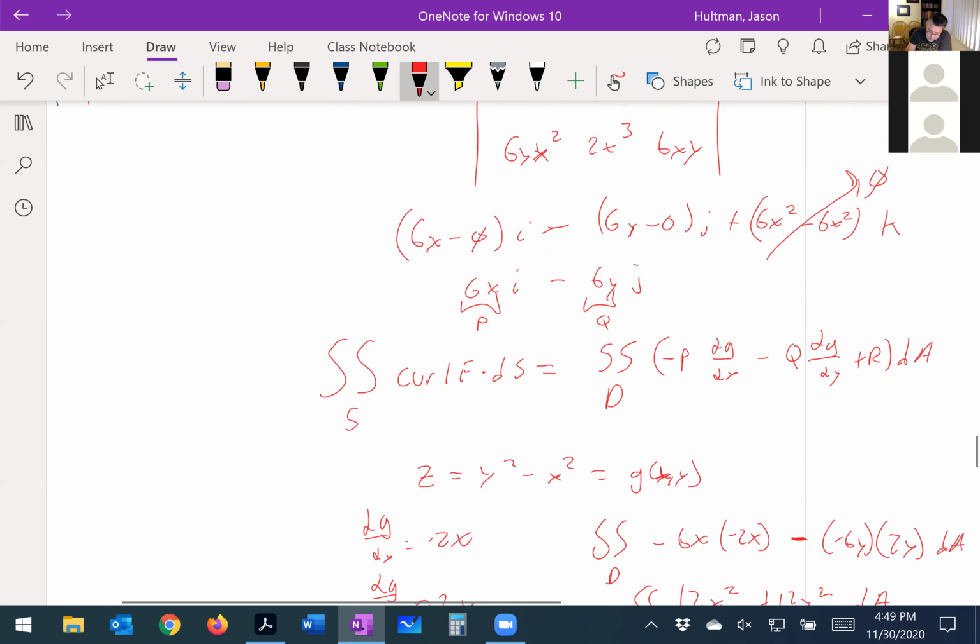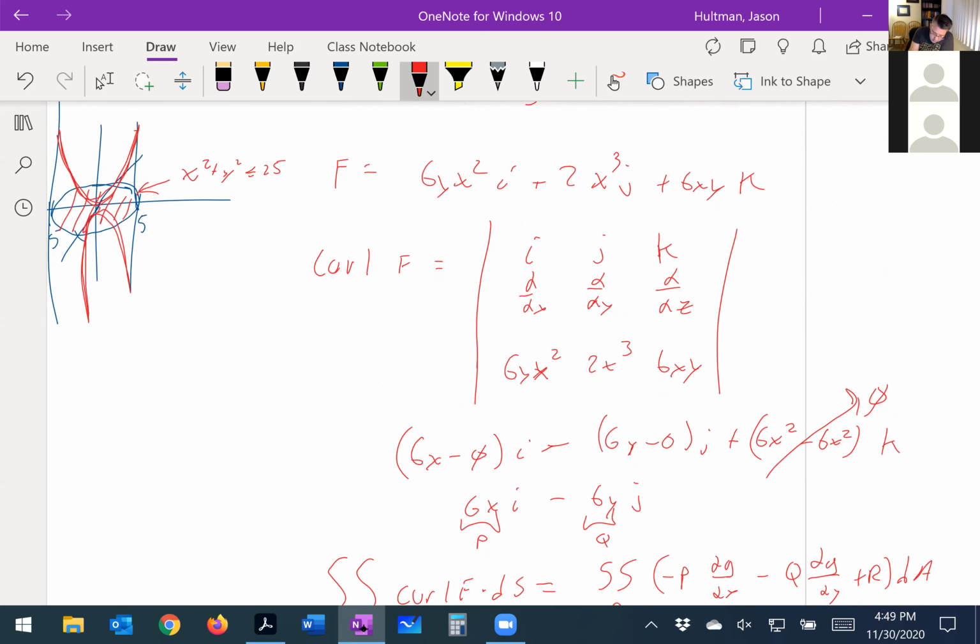This here is D, which is just a circle, and the projection of those surfaces is on that disk.